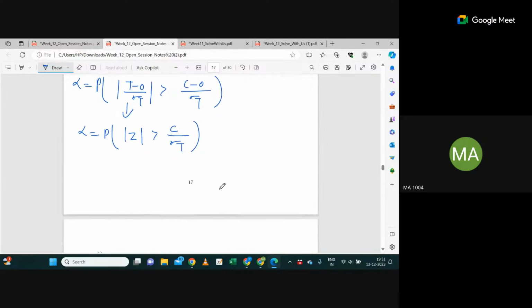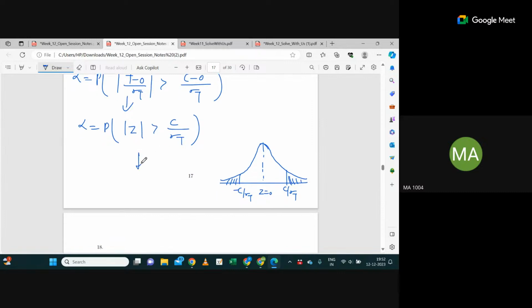Now, in case of standard normal, this is a bell-shaped curve, right? That means symmetry, this is z equal to 0. Suppose this is c by sigma t and this is minus c by sigma t. Then due to symmetry, this probability will be the same. Basically, it means Z is greater than c by sigma t, or Z is less than minus c by sigma t, right?